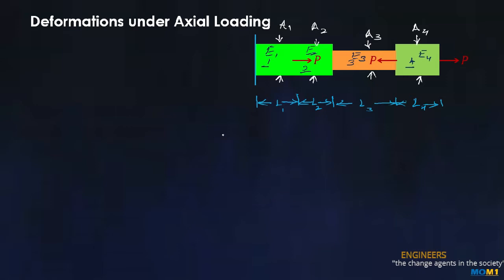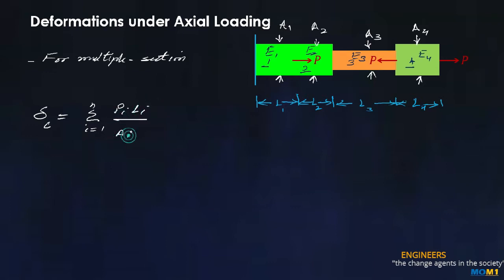Now this is the case of multiple sections of one component, and to solve this we take for the total component the summation from i equals 1 to n of Pi Li upon Ai Ei.